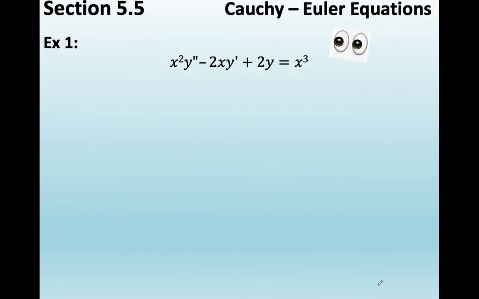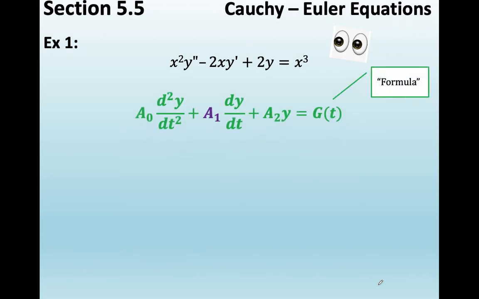All right, so example 1. Is this Cauchy or Cauchy in disguise? This is just a Cauchy. It is non-homogeneous. So I'm going to do this problem by my formula.